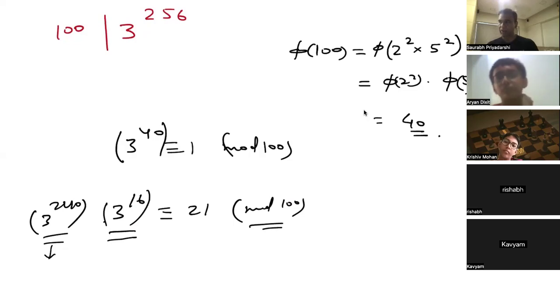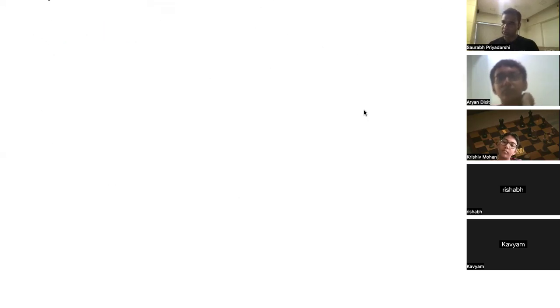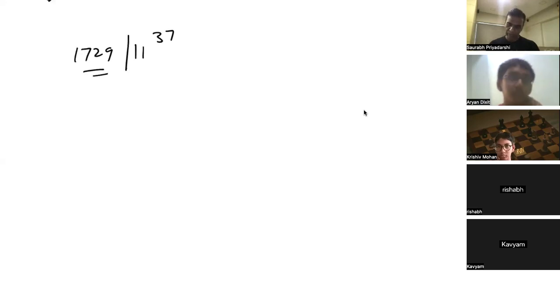Okay. So one question on this: 11 to the power 37 when divided by 1729. What number do you get?